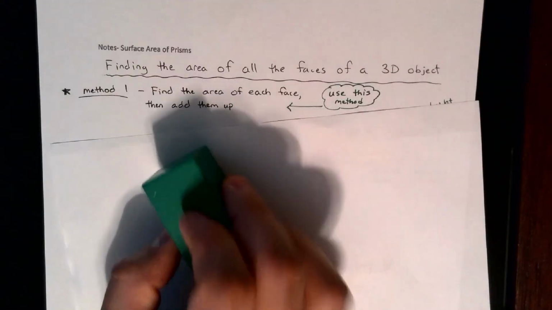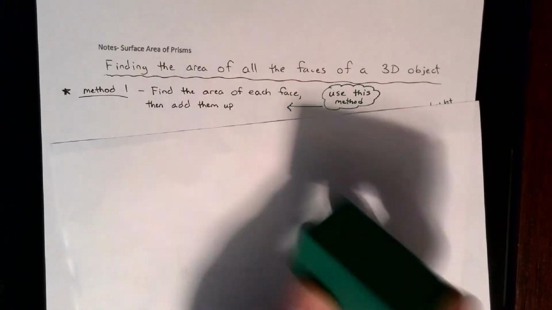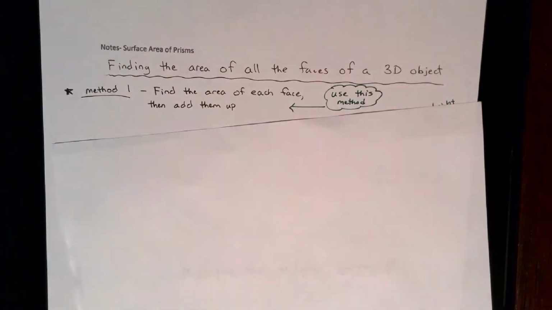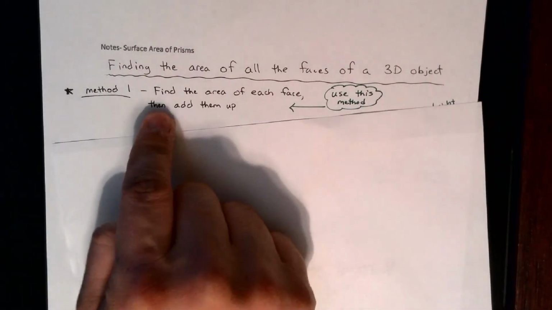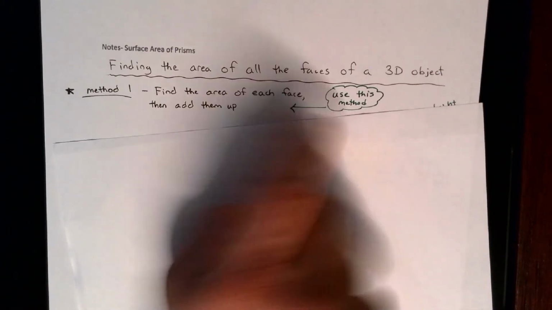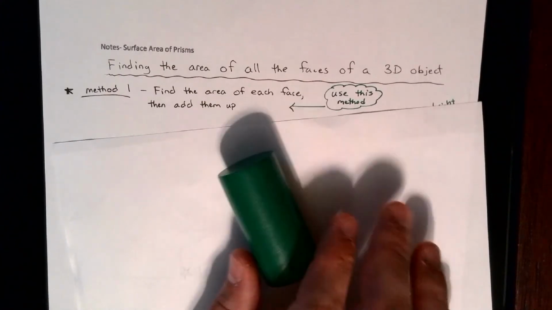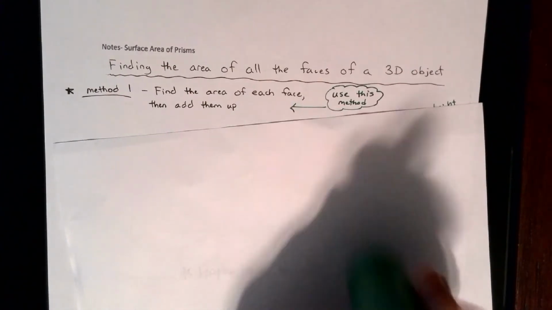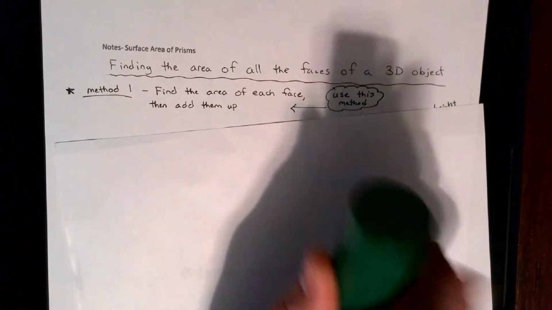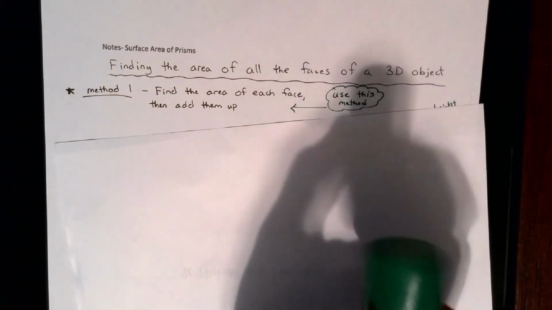If you can find the area of each flat 2-dimensional side and then add them up, that's the easiest way to do it. That's what it says is method 1, and this is the one I recommend. The only reason I show you method 2 is it helps us when we get into cylinders. It's going to be trickier because with a cylinder you don't have these unique rectangles on the sides, you just have this one continuous curved surface.